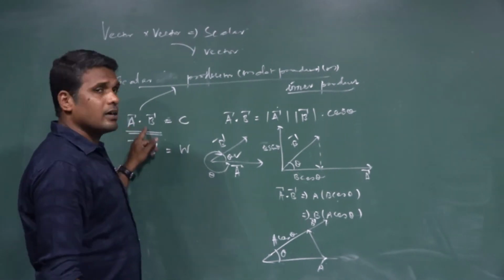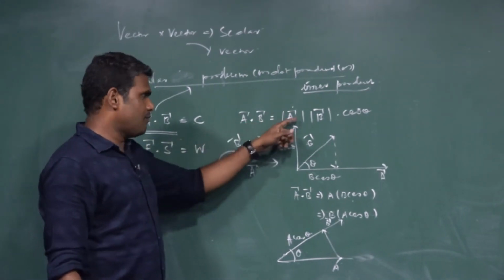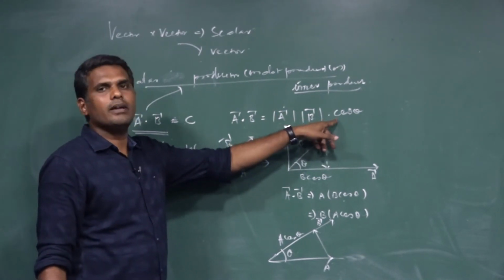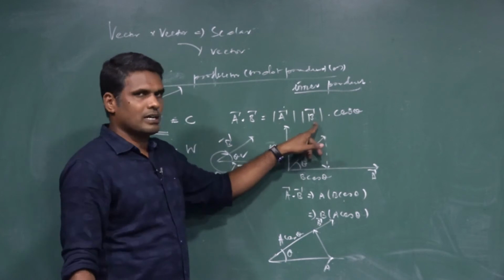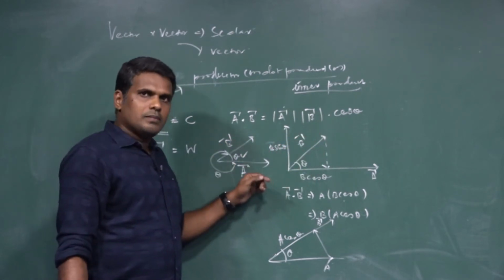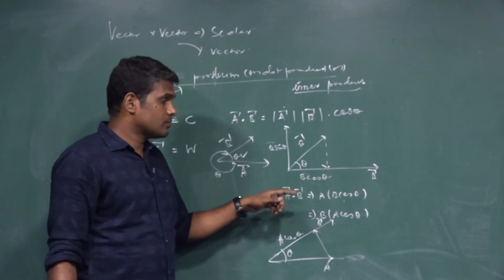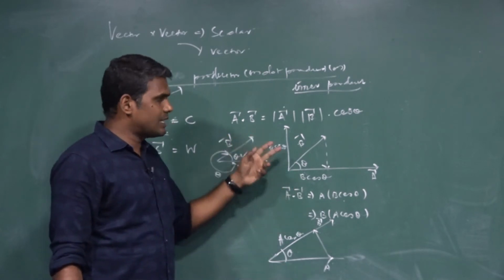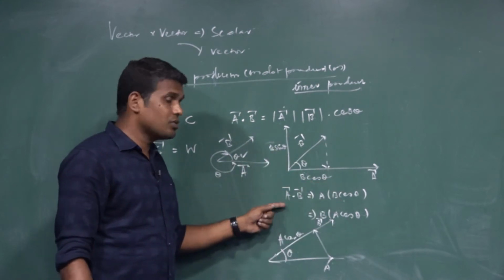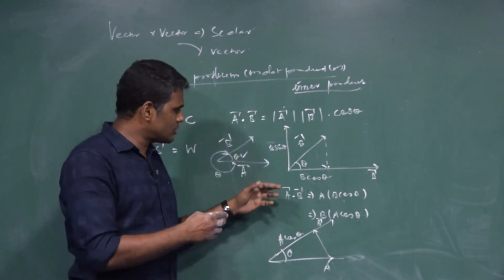A scalar dot product is the product of the magnitudes of A vector and B vector multiplied by the cosine of the angle theta between the two vectors. In the second case, A vector multiplied with the component of the second vector acting along the direction of the first vector gives you the dot product of the two vectors, which is also a scalar dot product.